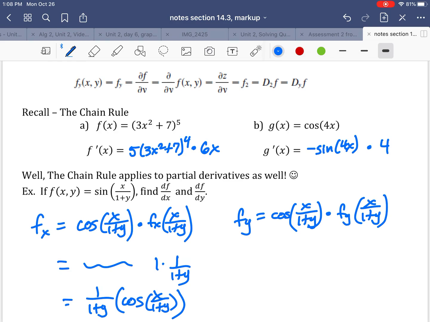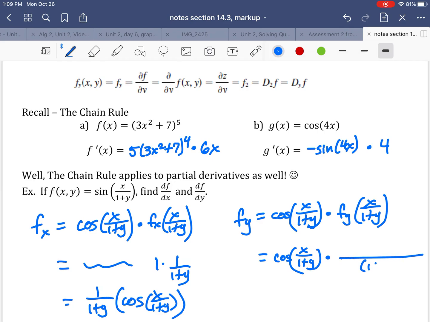All right, so over here, the derivative of this other piece on the side, the y is in the bottom. So it's like you have a constant over a constant plus y, and you have to do the derivative with respect to y. Well, so this is going to involve you doing the quotient rule. All right, so let's get to it. So I have cosine of x over 1 plus y. I need the quotient rule.